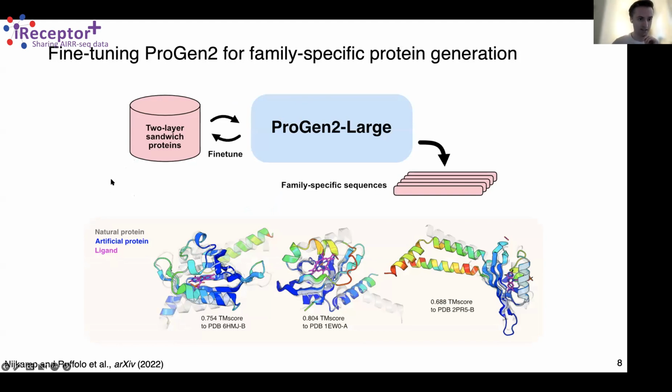In these examples, I'm showing the natural protein in the grayish outline, and the generated proteins with the structures predicted by AlphaFold shown in the colorful representation. And you can see that the natural ligand actually fits fairly nicely into a pocket held open by the generated proteins. So the model picks up on not only the sequence and structural characteristics of the family, but it also leaves some room for the protein to carry out what would have been its natural function.